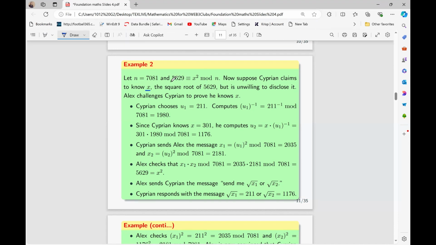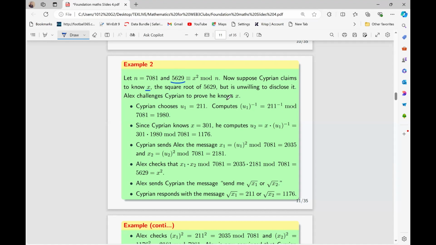He's claiming he knows this square root, but he's unwilling to disclose to Alex what it is.